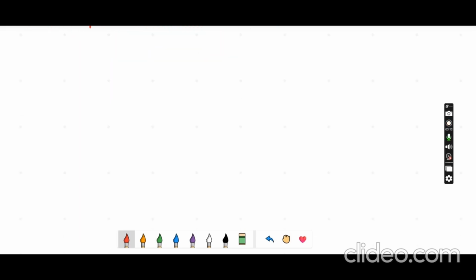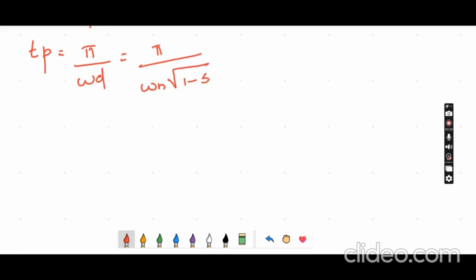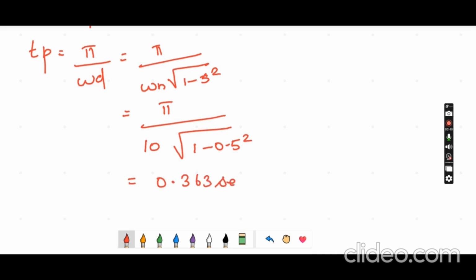Followed by this, we need to find the peak time. Tp is equal to pi divided by omega d, where omega d is expanded as omega n into root of 1 minus zeta square. So pi will remain the same, omega n is 10, which we have calculated, and zeta 0.5 is given in the question. If we solve for that, we will get 0.363 seconds.